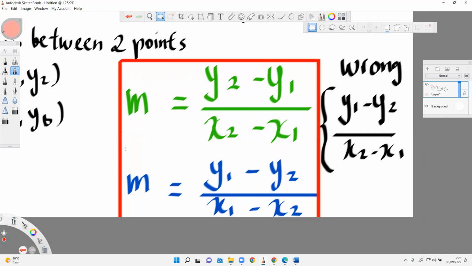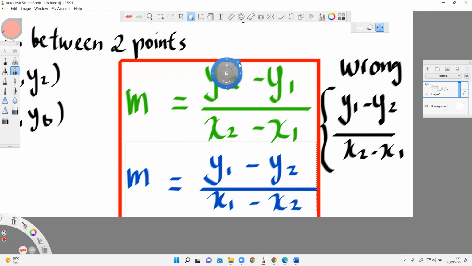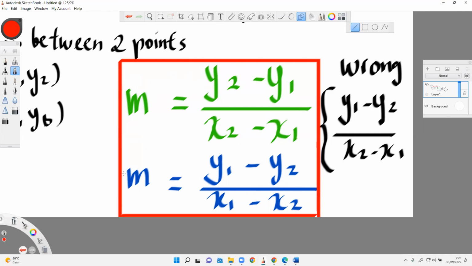Just understand the idea of the gradient. It cannot be switched. If you do the subtraction of 1 with 2, the bottom part is also 1 with 2. It cannot be the other way. Write down this formula there. I will pause the meeting, then we can continue later.